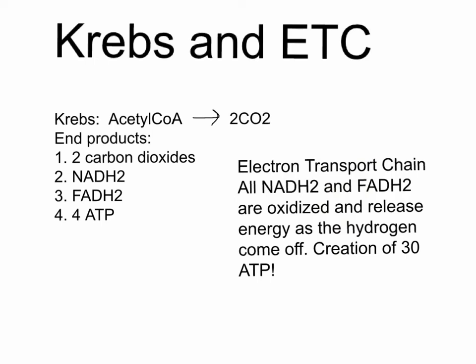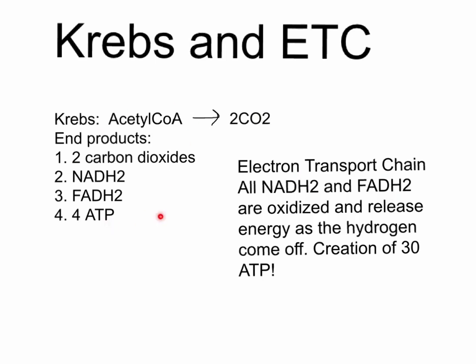Okay, but then during Krebs, you actually produce 4 ATP, FADH2, NADH2, and your 2 carbon dioxides, and then all of those hydrogen that we talked about earlier, they have to be dropped off somewhere, and then your NAD and FAD are going to go back and pick up more for another glucose molecule to continue with respiration.